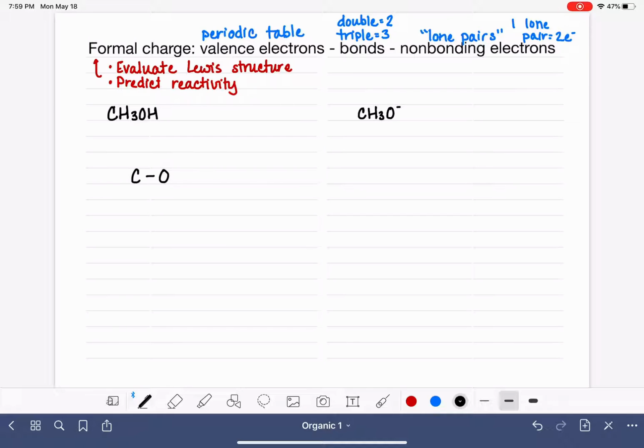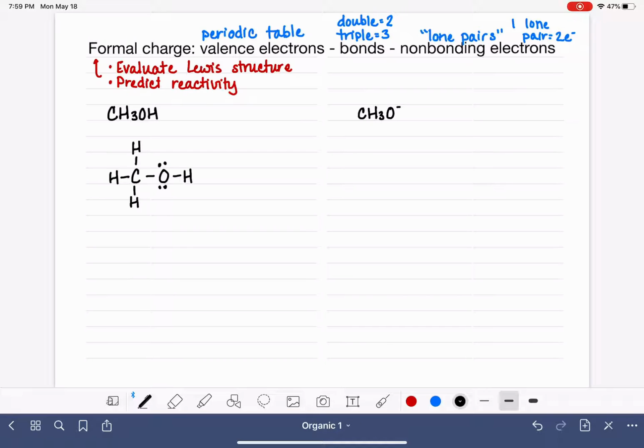And once we get those atoms connected, then we are going to fill in the 4 hydrogen atoms, keeping in mind the common bonding patterns that we see for our organic atoms. So carbon likes to form 4 bonds, so we'll give it 3 more hydrogen so that it has 4 bonds. And oxygen likes to form 2 bonds and have 2 lone pairs. So there's the structure of this particular molecule.